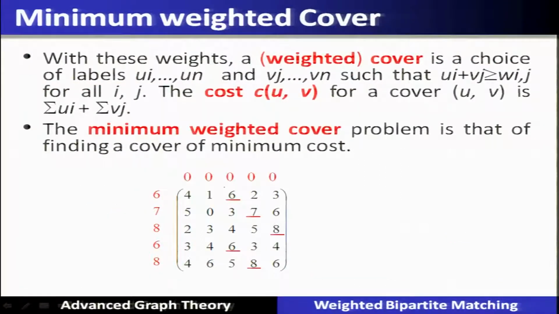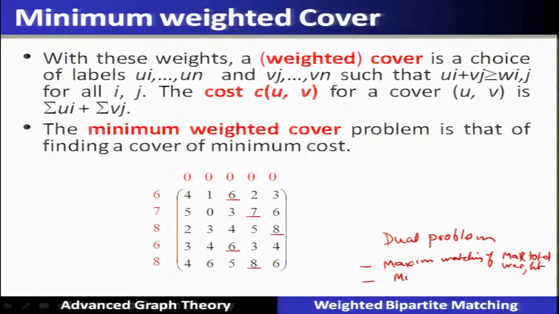Now, we are solving the dual problem. That means, when we find the maximum matching of maximum total weight, then we are solving a minimum cost vertex cover also.